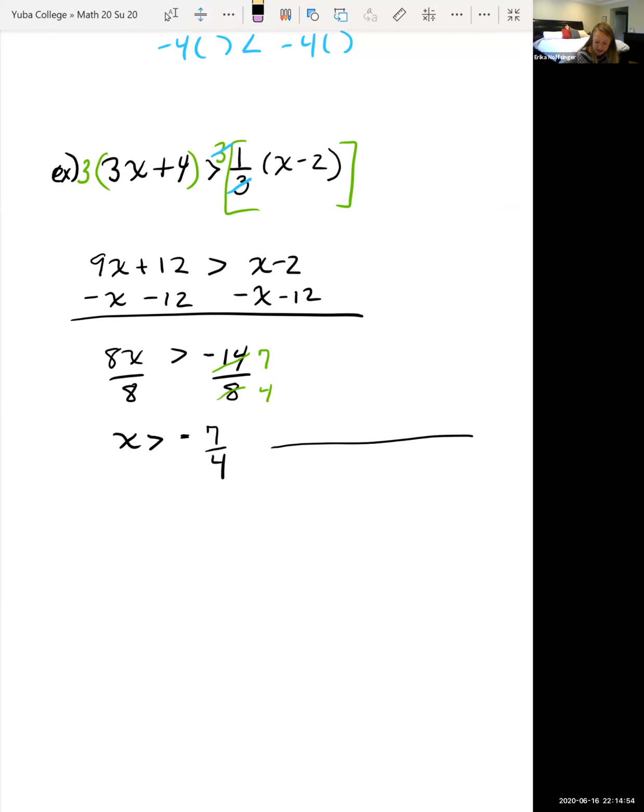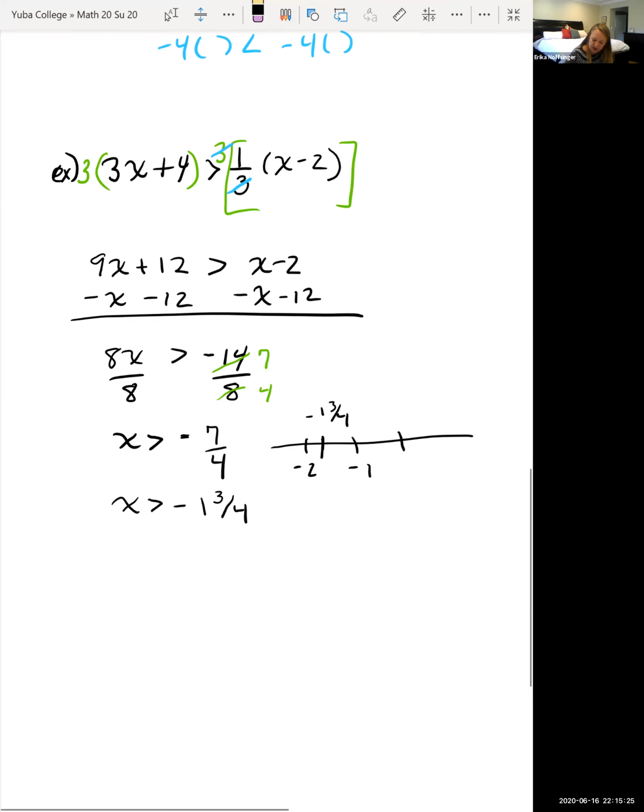So if you went on the number line, and if it makes more sense to you, 4 goes into 7 once, so this is -1 3/4. So it's any number that's strictly bigger than, so not including, negative 1 3/4.